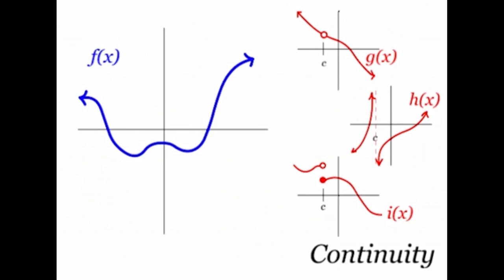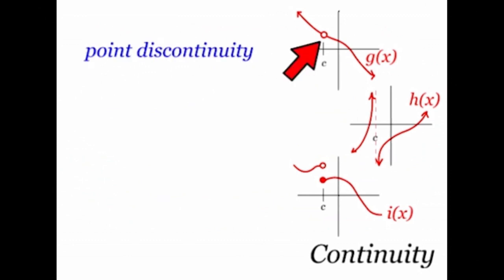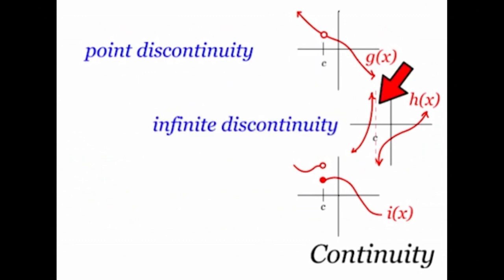Each of them is discontinuous for a different reason at the x value of x equals c. Now this one, g, you've got a little hole in the graph. That's called point discontinuity. Over here on h, you've got a vertical asymptote that breaks the graph. Now this is called infinite discontinuity.